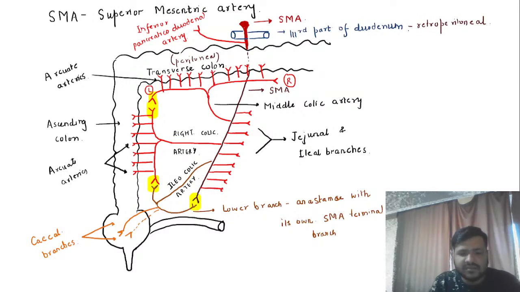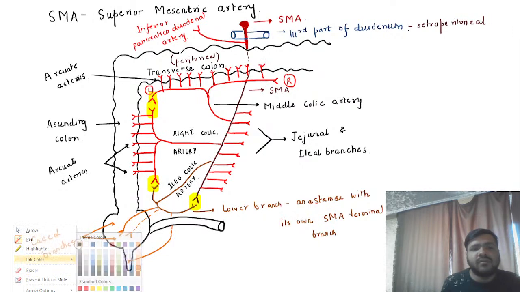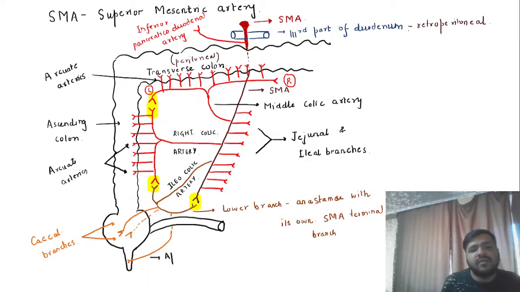The cecal branches, okay. And one artery, that is the end artery which is coming behind the terminal ileum, is going and supplying the appendix, and it is called the appendicular artery.